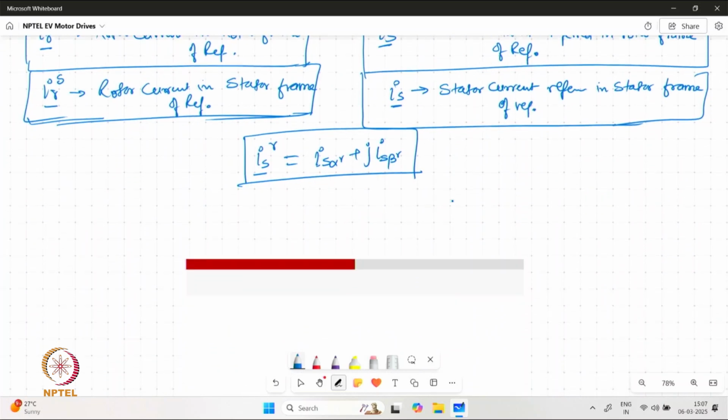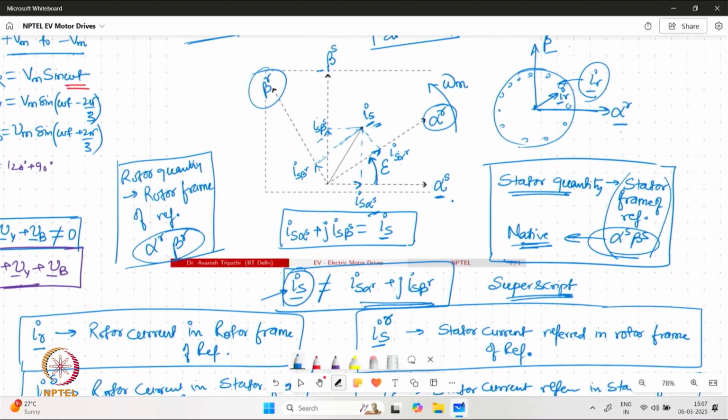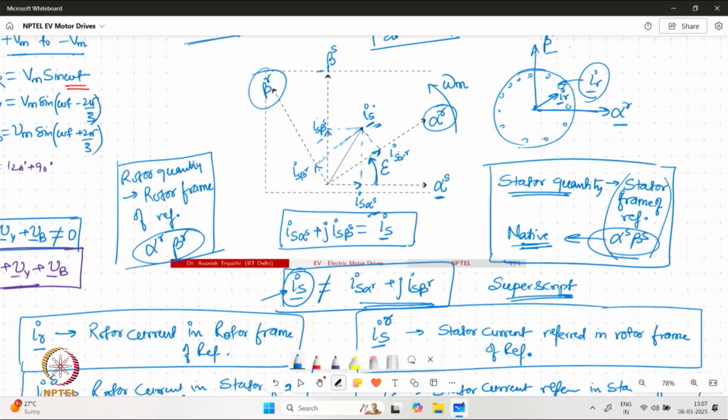In a compact manner, what we can say is that if we are changing our frame of reference, for example, our quantity is IS, which is naturally referred in alpha S, beta S, and we are changing that frame of reference to alpha R, beta R, which means that from alpha S, beta S, we are moving to a frame of reference which is in the counterclockwise direction at an angle epsilon.